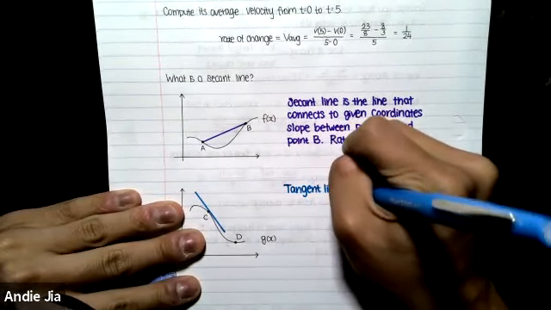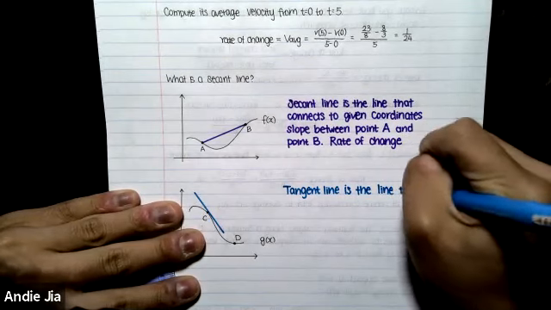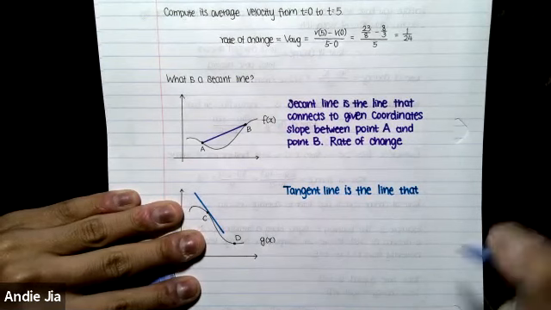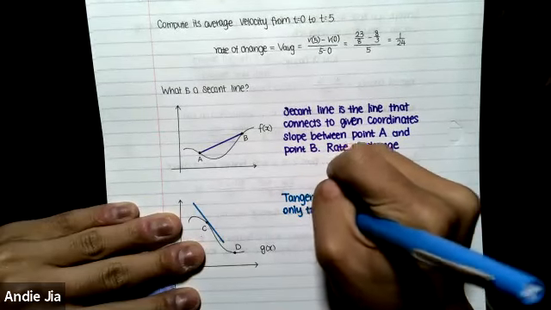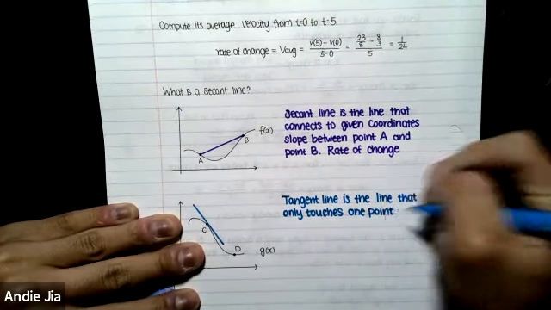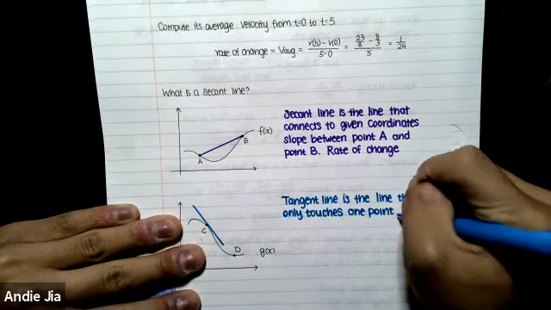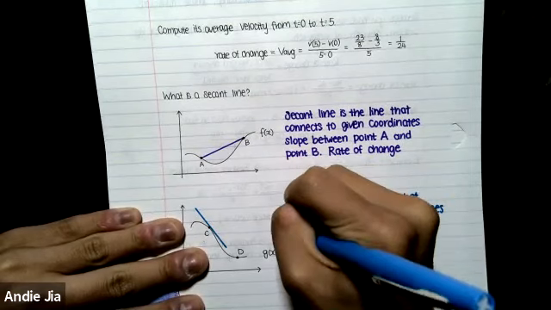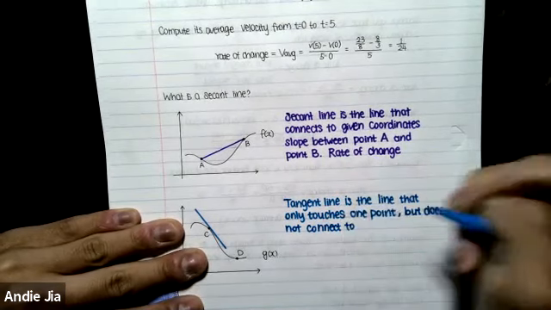A tangent line is the line that only touches one point, but does not connect to another point.